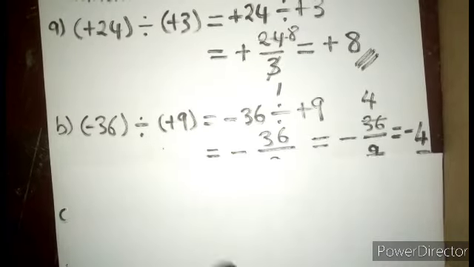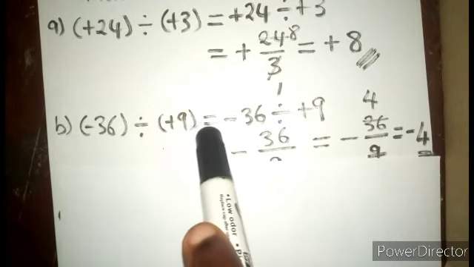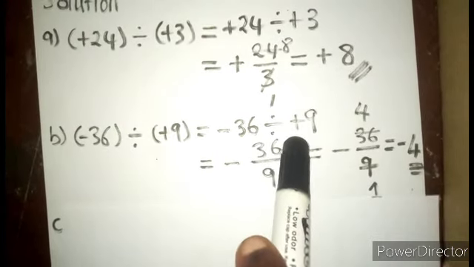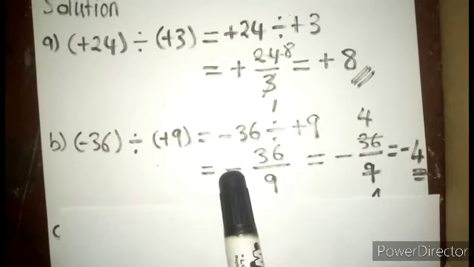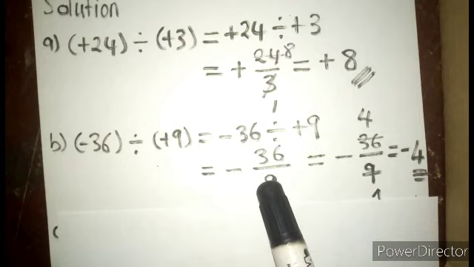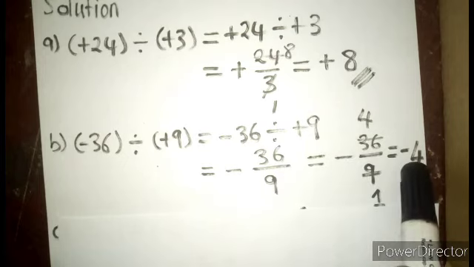Also, minus 36 divided by plus 9 is minus 36 divided by plus 9, and in fractional form we have this. Minus divided by plus is minus. So 9 goes into 9 one time, into 36 four times, so we have minus 4 as our result.